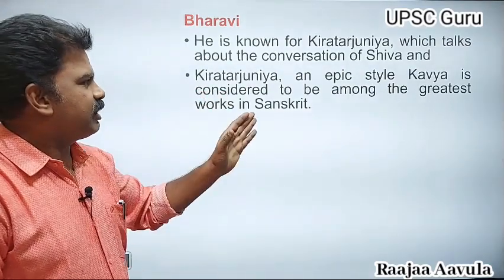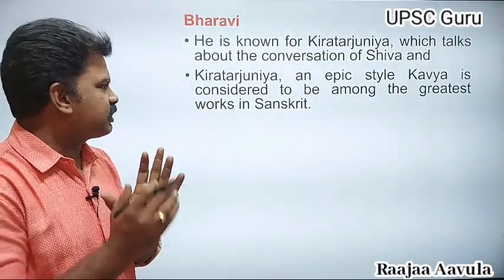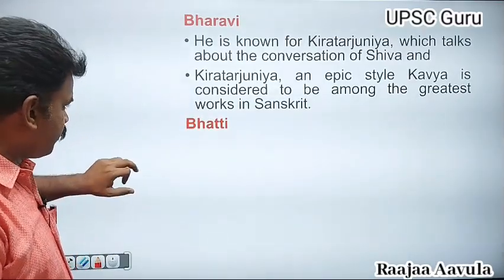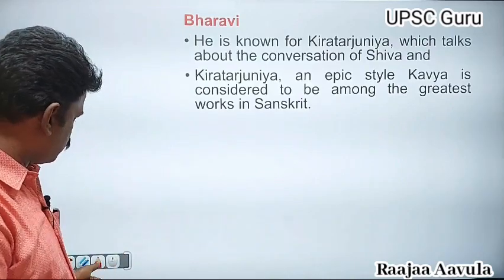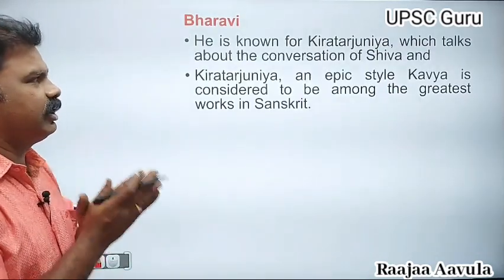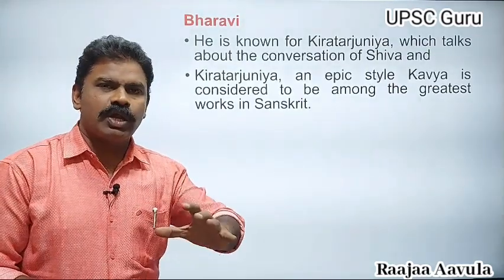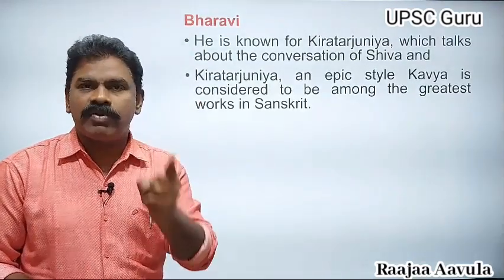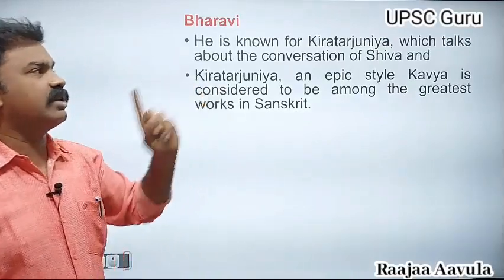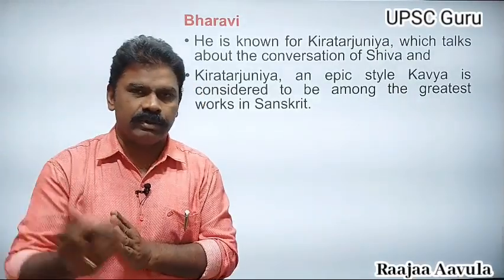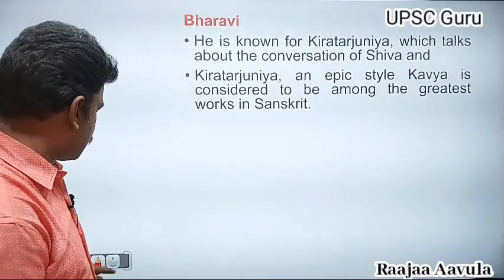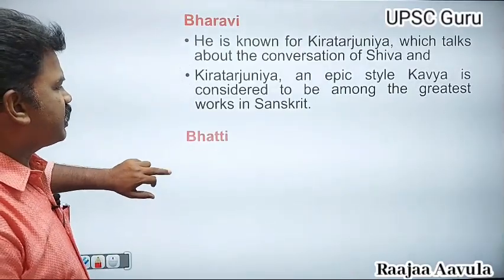An epic style kavya, it is considered to be among the greatest works of Sanskrit. Kiratarjuniyam is a book that deals with a war between Arjuna and Lord Shiva in the form of Kirata. Kirata is a name of Lord Shiva, and he waged war with Arjuna. That was the Kiratarjuniyam.